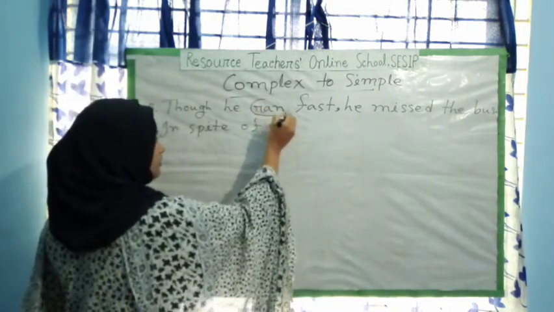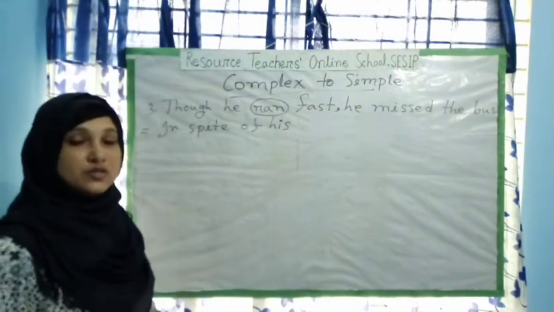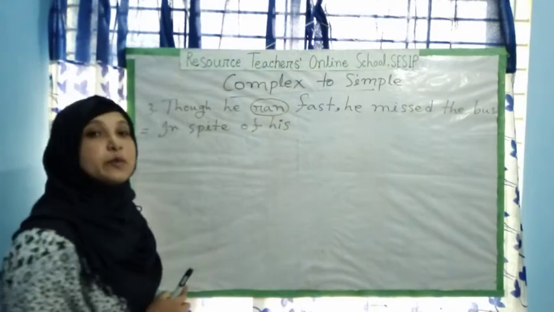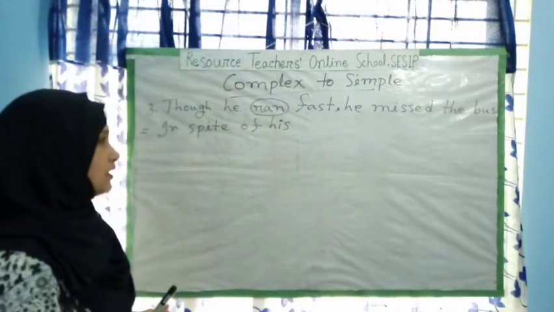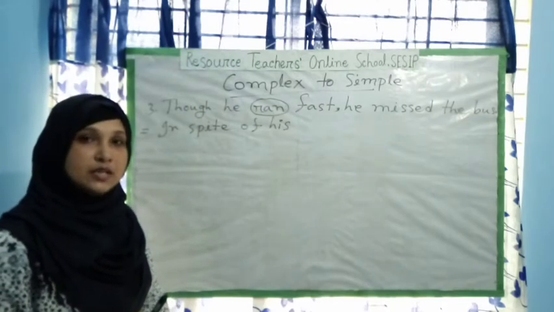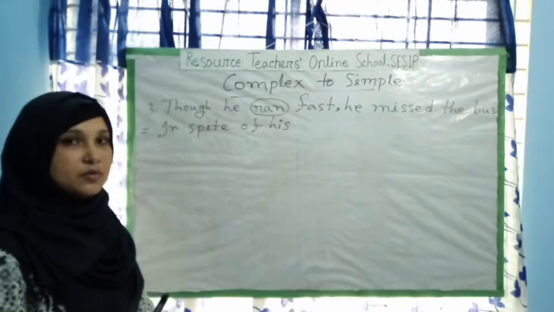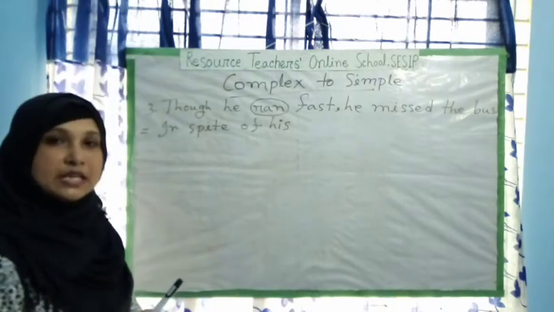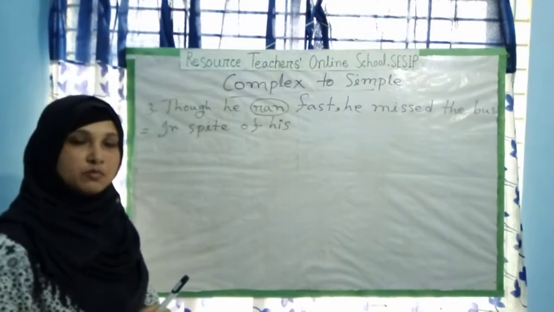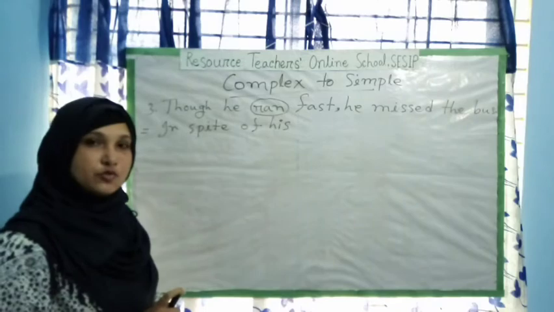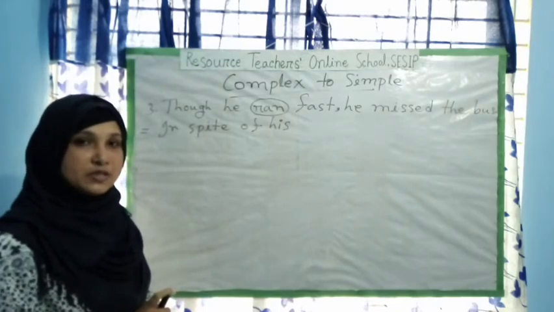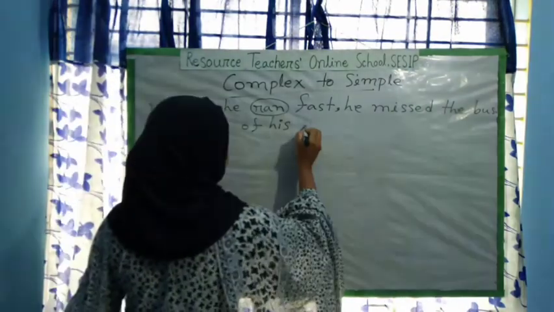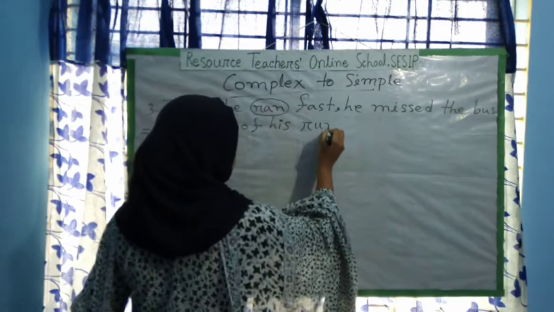Then, notice, my students, there is no am, is or was or have, had. Now, there is a principal verb or main verb, ran. If there is any principal verb or main verb, we have to write it in ing form. Notice, it's the past form of verb. So at first we have to make it present form. The present form of ran is run.